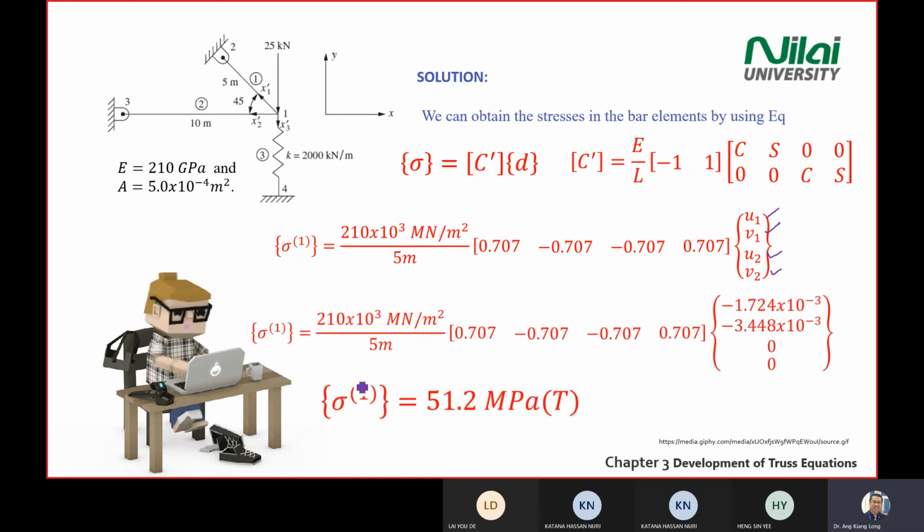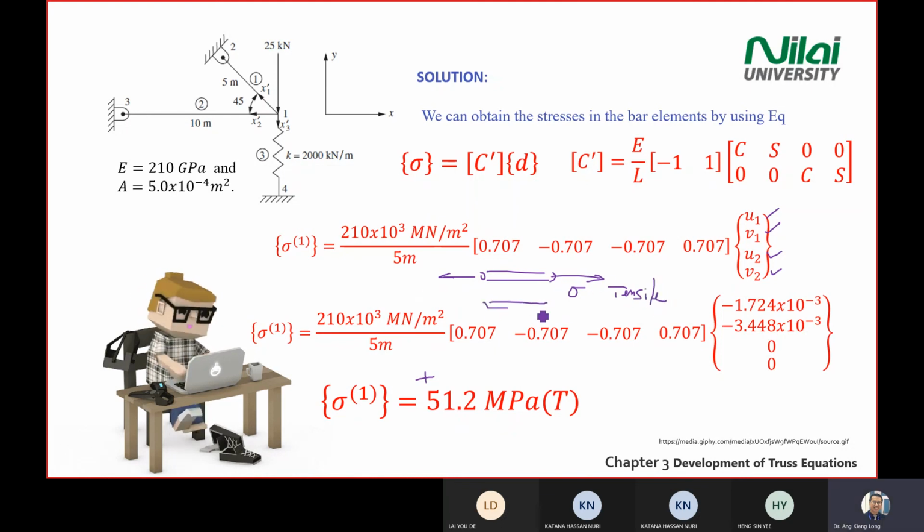So the stress experienced by element 1 will be 51.2 megapascal. And when you get a positive sign, if you have a bar like that, a positive sign stress means you have a tensile stress. It means you're pulling at both ends.